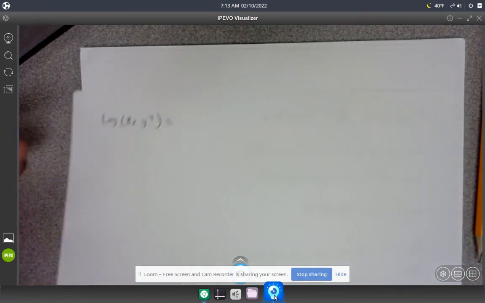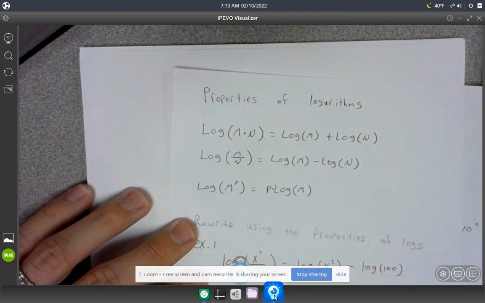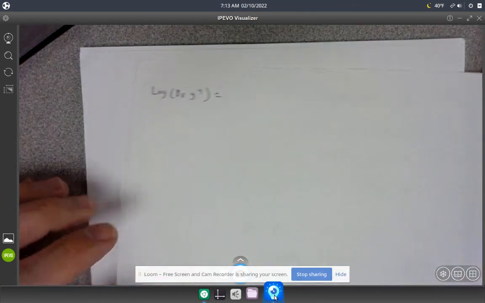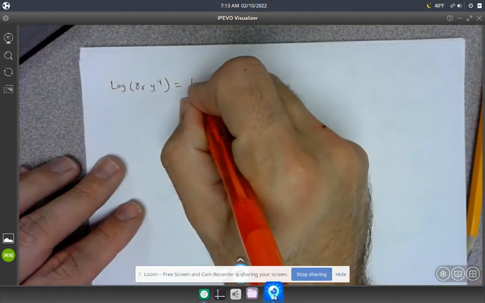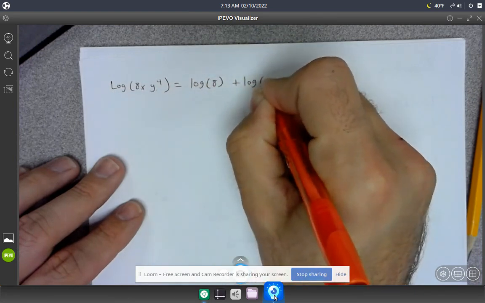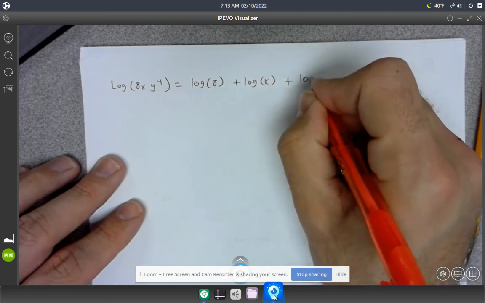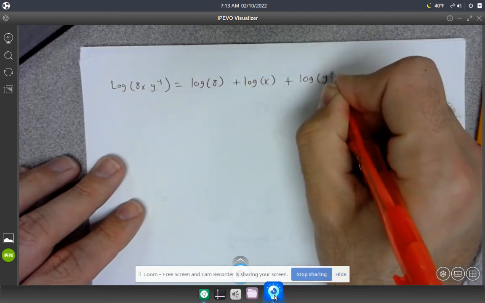I can separate them, the log of a product, I can separate them as little addition statements. So this will be log of 8 plus the log of x plus the log of y to the 4th.